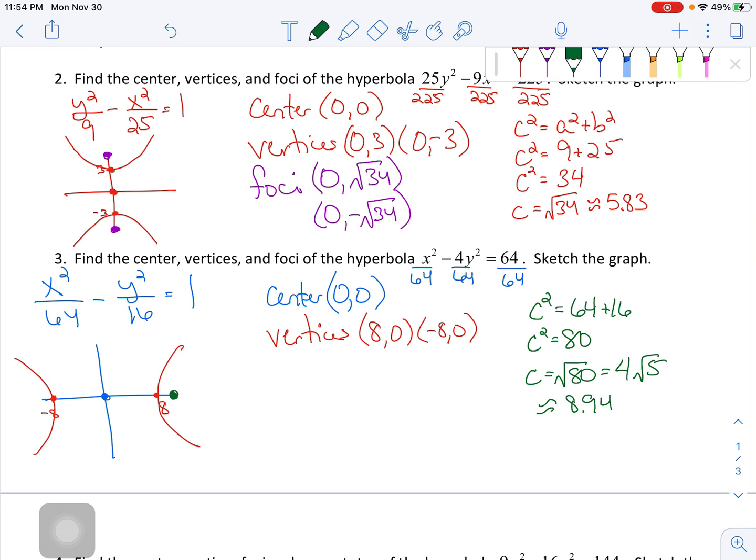But because we're not working with a grid, it's not super important that we get that decimal value to make sure that we're graphing it on the exact right grid space. This is a sketch. What I am going to be looking for, though, is where are my two foci? And so that's going to be (4 root 5, 0) and (negative 4 root 5, 0). Because our x values are the ones that changed from the center.